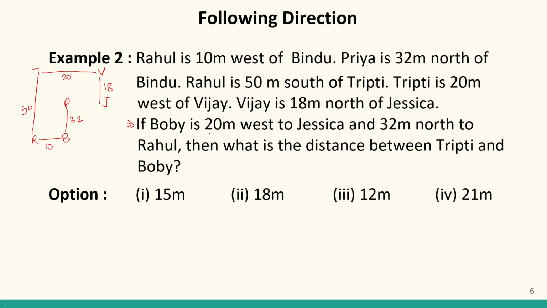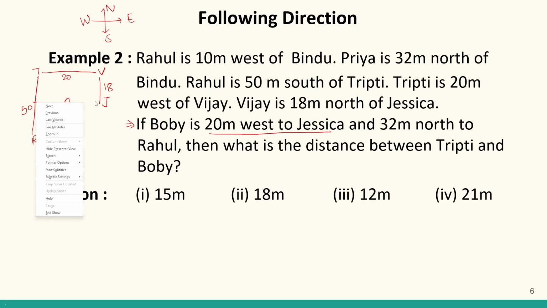If Bobby is 20 meter west to Jessica, so 20 meter, if you remember this diagram, 20 meter west to Jessica will be over here, right? So from 20 meter we are going towards this direction, and at this direction we have Bobby, right?